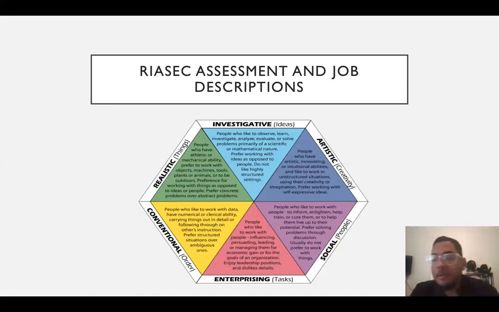Lastly, we have the conventional type. Within this personality, some values are management of systems and data, orderly and systematic. Some potential competencies are management of systems and data, and they can be perfectionist. Some typical work activities and environments would be organizing office procedures, keeping records, and filing.